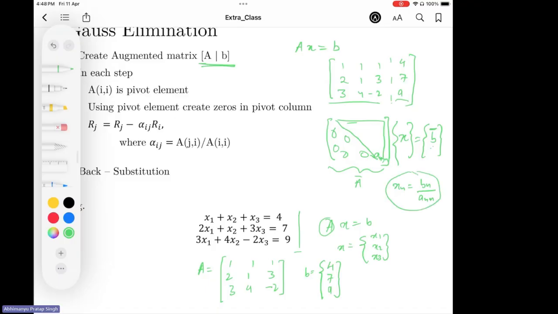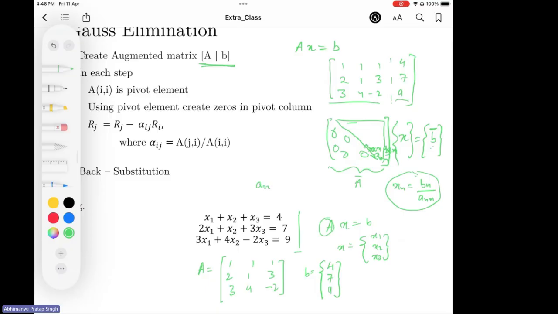Once we get that, here we will have a_(n-1), m and a_(n,m), like that. If it is a 3 by 3 matrix, then this would be A22 and this would be A23.